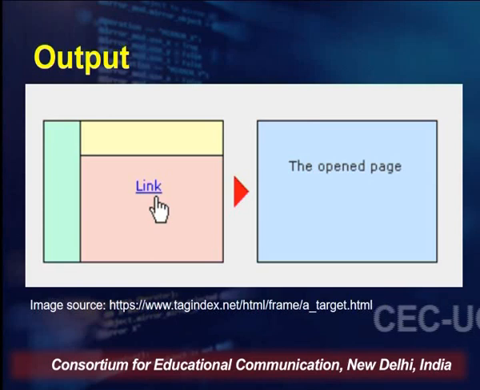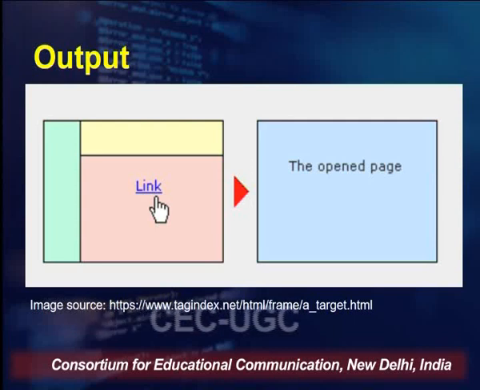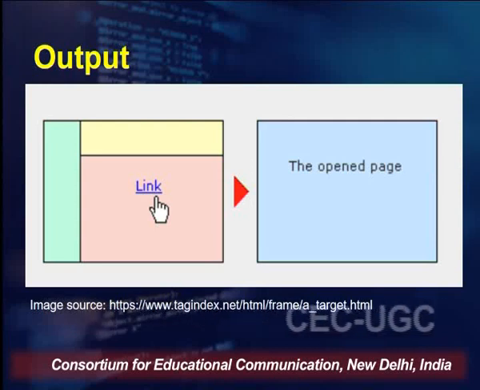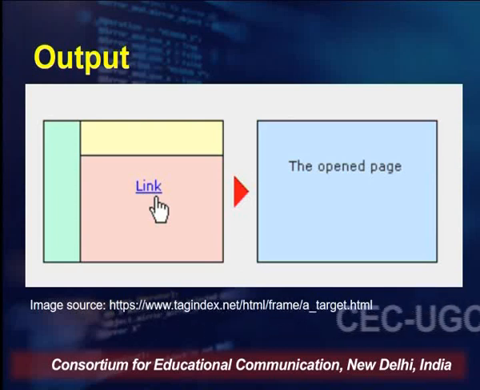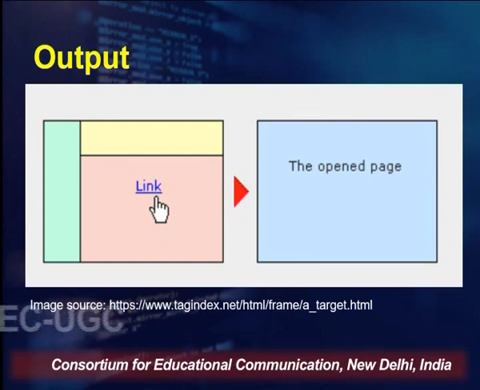Here we have a link, and whenever we click on the link, that link will be opened in the entire page. You can see there are 3 frames initially: one on the left side, one on the top side, and the main frame in which the link is displayed. Now I am going to click on the link.